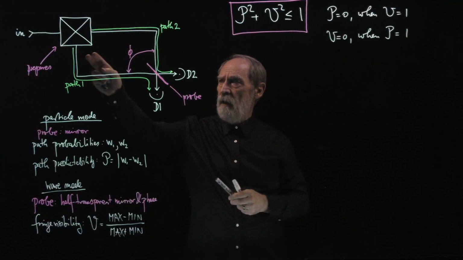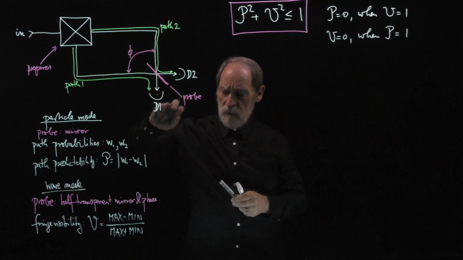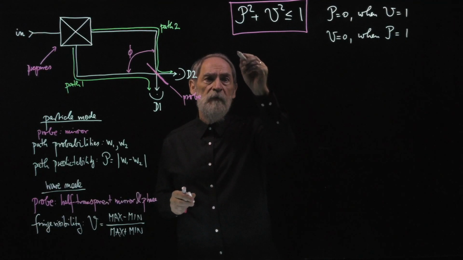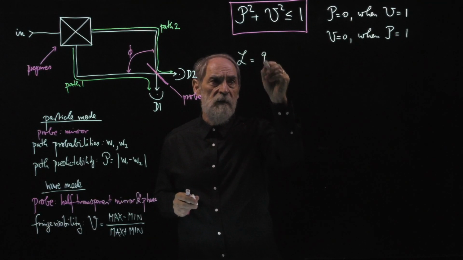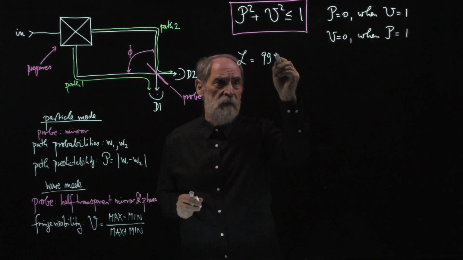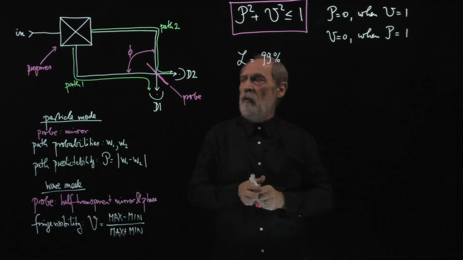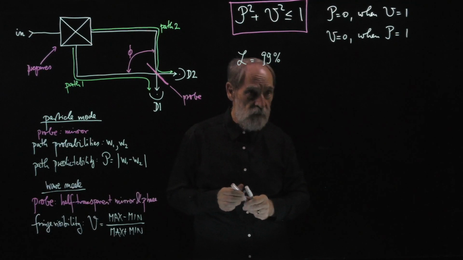Imagine that we are running the interferometer such that we have a likelihood of guessing right, which is 99%, which means that almost always we will guess the path right.